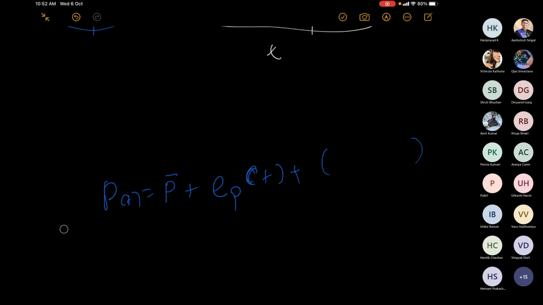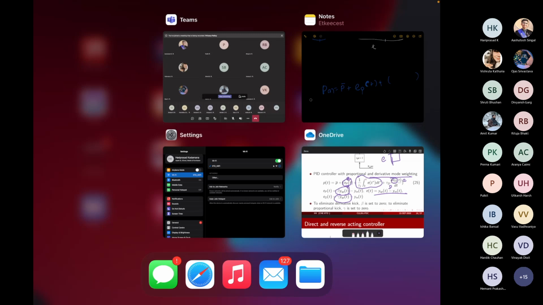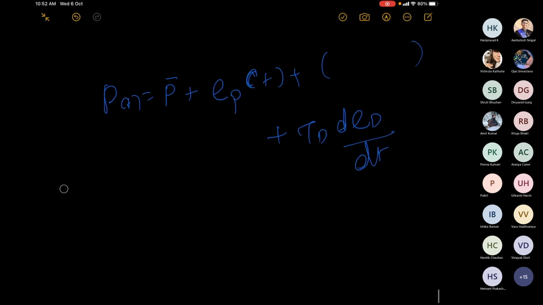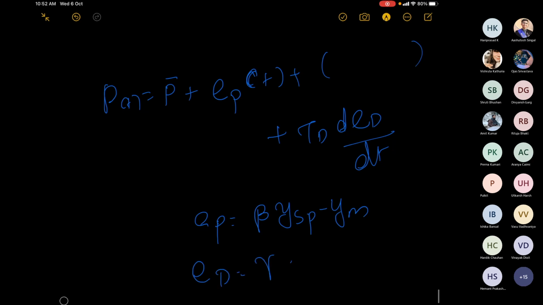The derivative term is tau D times dED by dt, while EP here is beta times YSP minus YM, while ED is gamma times YSP minus YM.